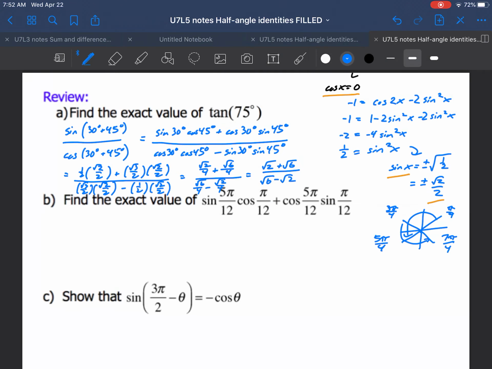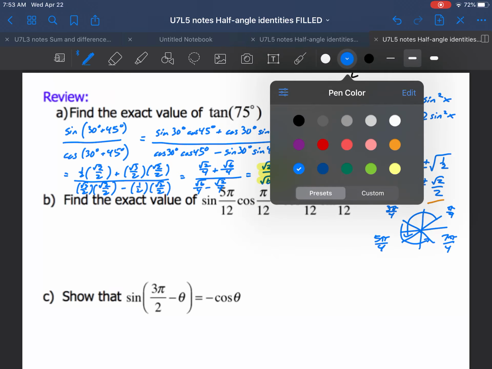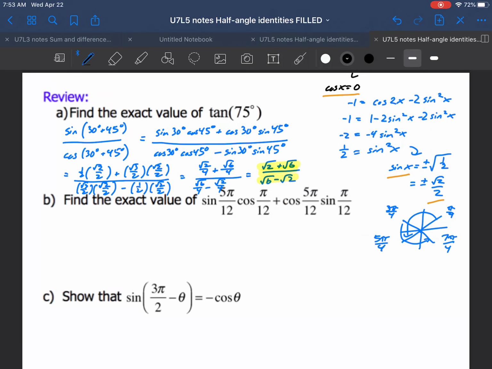Okay? You guys probably are seeing that you could rationalize that, but that's a different skill than just using the identity. So I'm going to leave my answer as that. I think it actually ends up being, if you want to write a different way, 2 plus root 3.